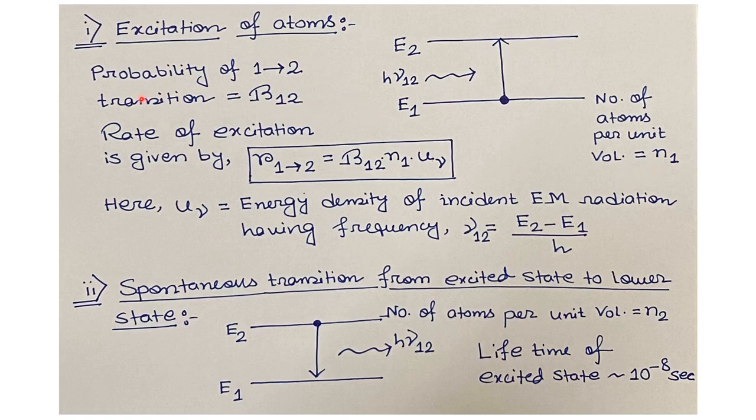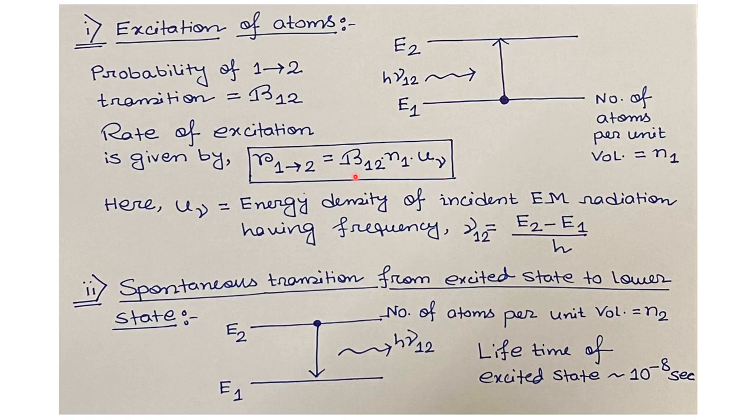Now the probability of the transition from energy level 1 to energy level 2 is B12. The rate of excitation from energy level 1 to 2 is given by R1 to 2 equals B12 times N1 times U nu.